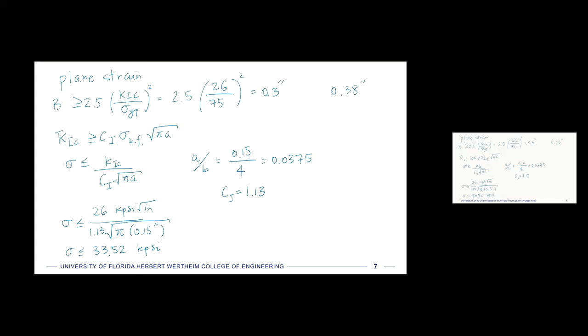And then our allowable load for brittle fracture is going to be this stress divided by our factor of safety, if this is the metric that we're using, times the area. Stress times area is load. So we have 0.38 times 4 minus 0.15.